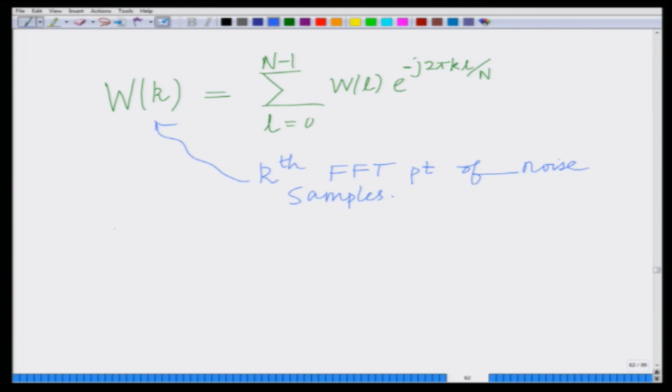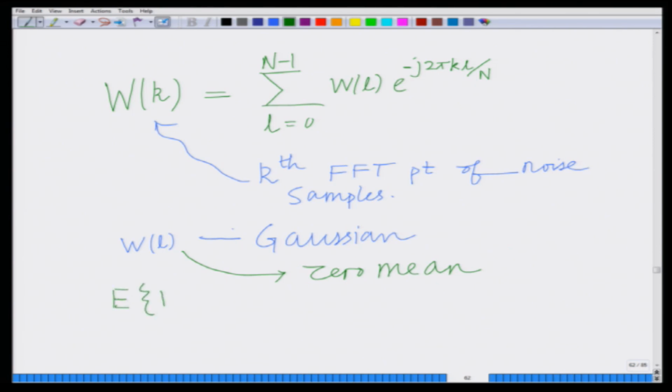So, what we are going to assume about the small wl is that they are Gaussian and zero mean, that is, the expected value of wl equals 0.